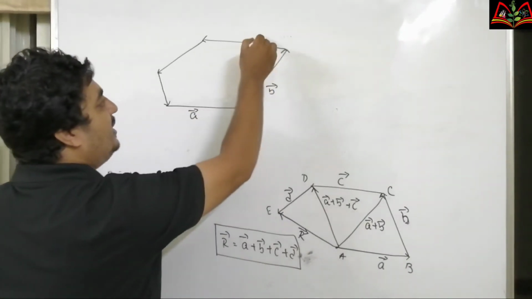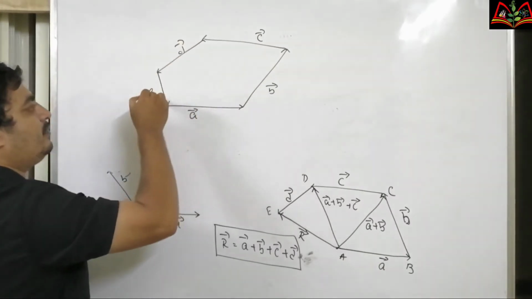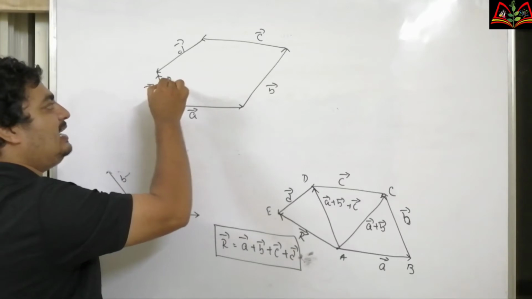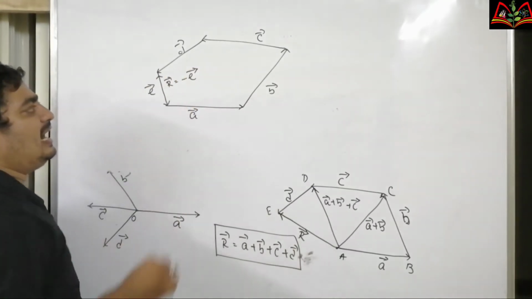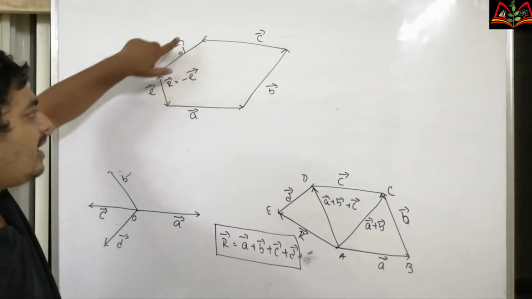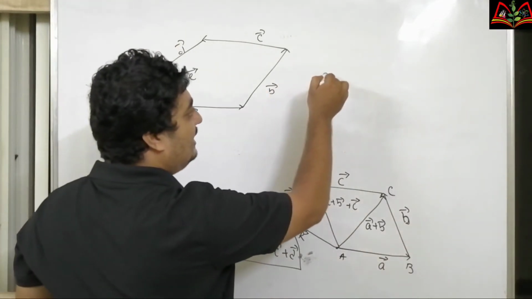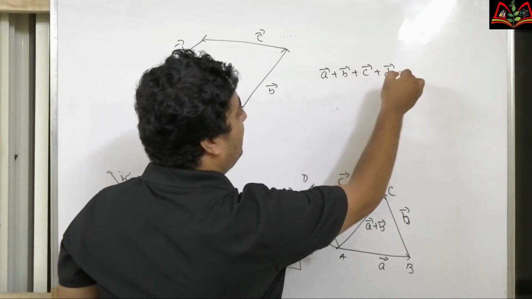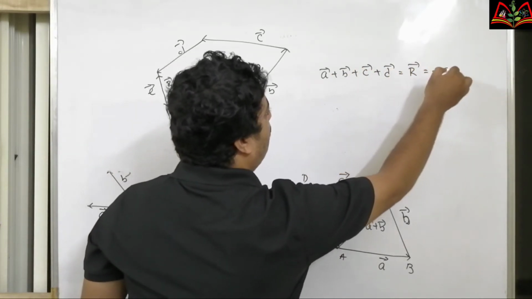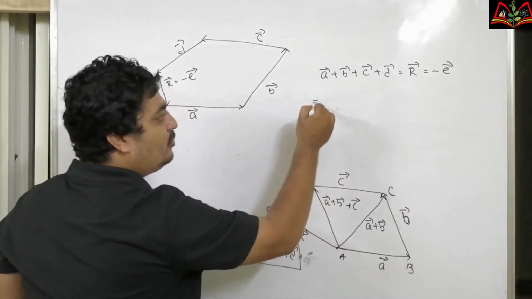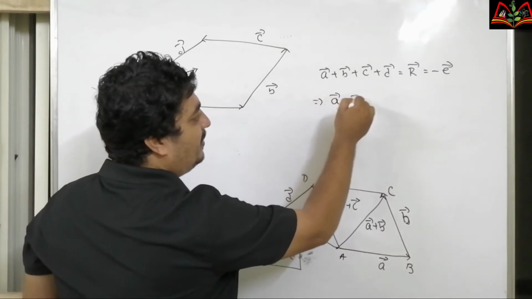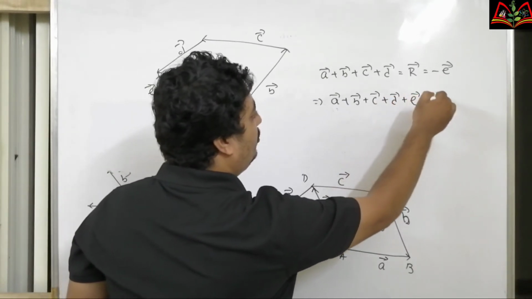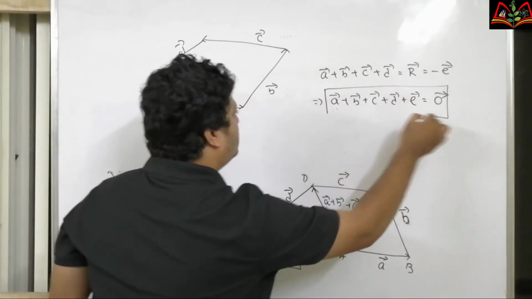Let this be A, B, C, D, E. Now, if we take the negative vector of the resultant and name it as R, so we can write R equal to minus E. Now, applying polygon law, we write that A plus B plus C plus D equal to R, but R equal to minus E. Now take E to this side. So A plus B plus C plus D plus E is equal to 0 vector.